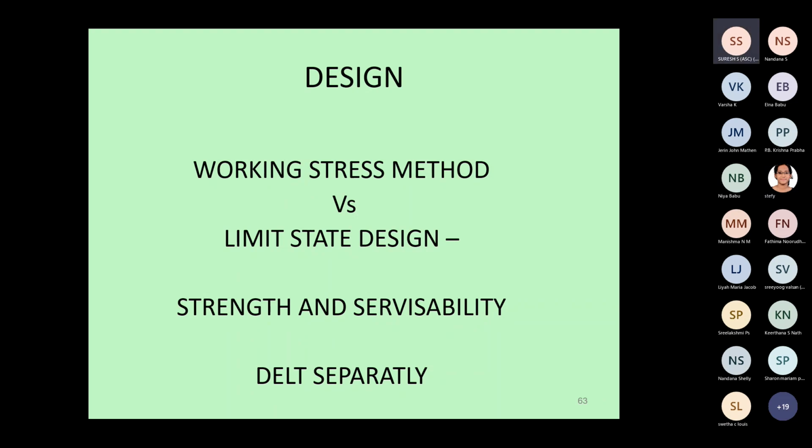Okay, fine. So we started discussing working stress versus limit state design. The design, as such, we mean primarily the structural design, in which we proportion each member in a structural system to carry the expected loads on them. The loads, as we discussed in the last class, may come just by building the structure itself.